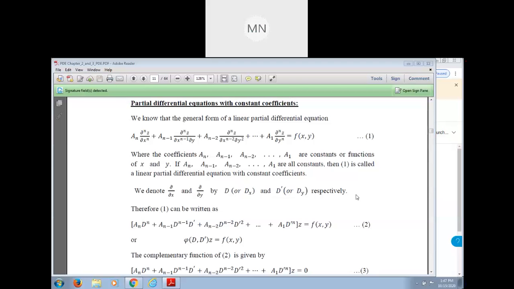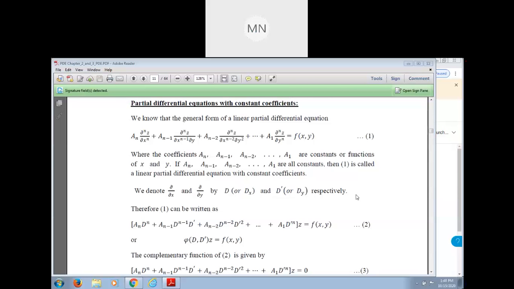Small r is del 2z by del x square. Do you know the meaning of this, del 2z by del x square?